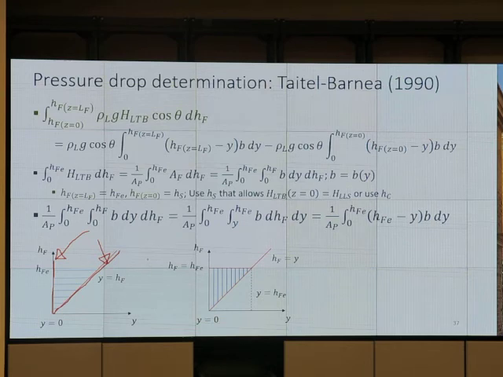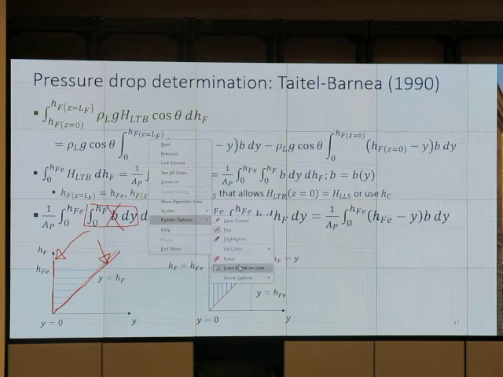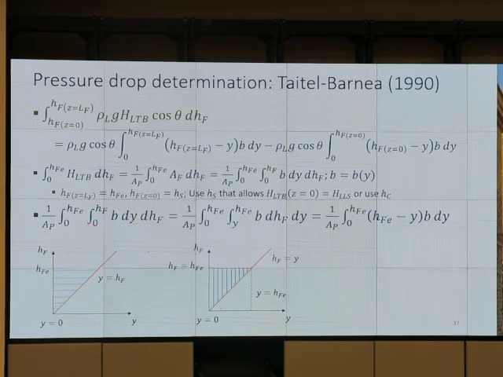This is the integration, just the inner part. I don't care what's inside, I'm just looking at the integration limit. So when I draw it, I start from y equal to 0, which is that line, to y equal to HF, which is that line, so I integrate this way.